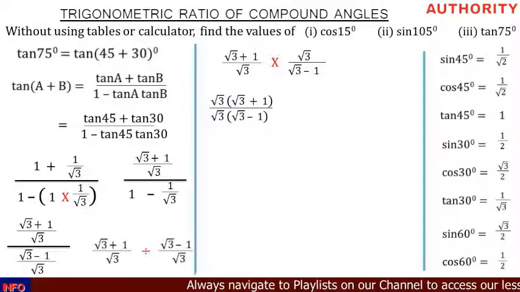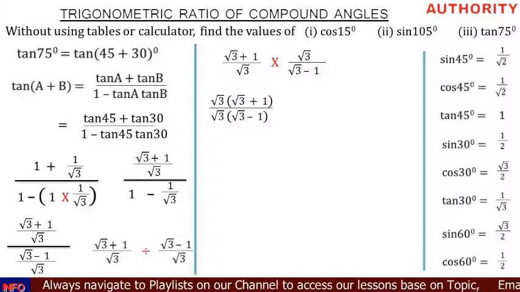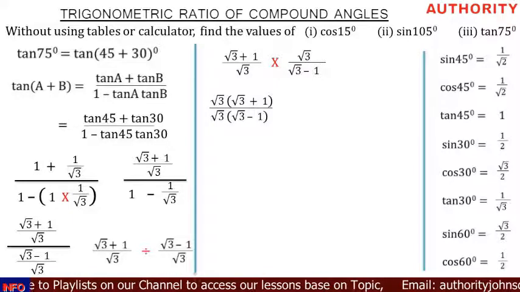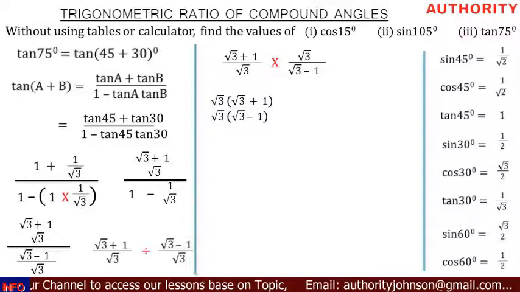Now let's multiply. Let's multiply the numerator. We're going to simply say root 3 open bracket root 3 plus 1 all over root 3 open bracket root 3 minus 1. Yes.